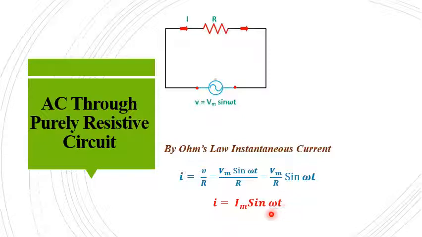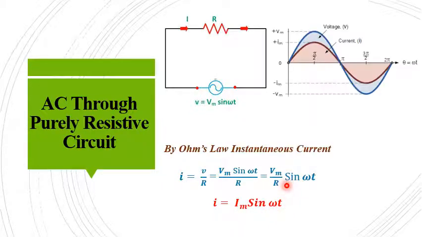So here we can see that when a voltage V equal to Vm sin omega t is given to a purely resistive circuit, the current is Im sin omega t. So the waveform will be like this. We have a voltage which is Vm sin omega t, then current, that is Im sin omega t.